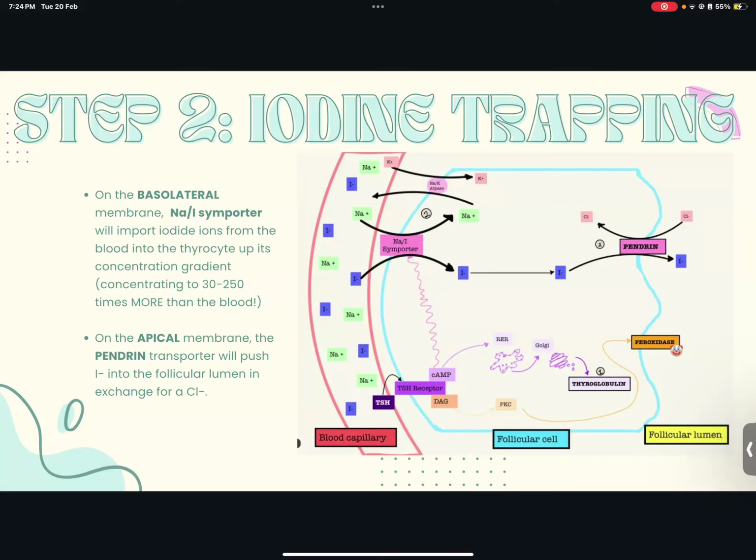So when you have depleted levels of iodine, your NIS protein is going to be more expressed than if there was a normal level. Like we said, NIS will take in sodium and iodide by secondary transport. Here you can see the sodium potassium ATPase, and it's going to bring iodine into the follicular cell, and then push it out through the pendrin transporter, and that's your step 2, called iodine trapping.